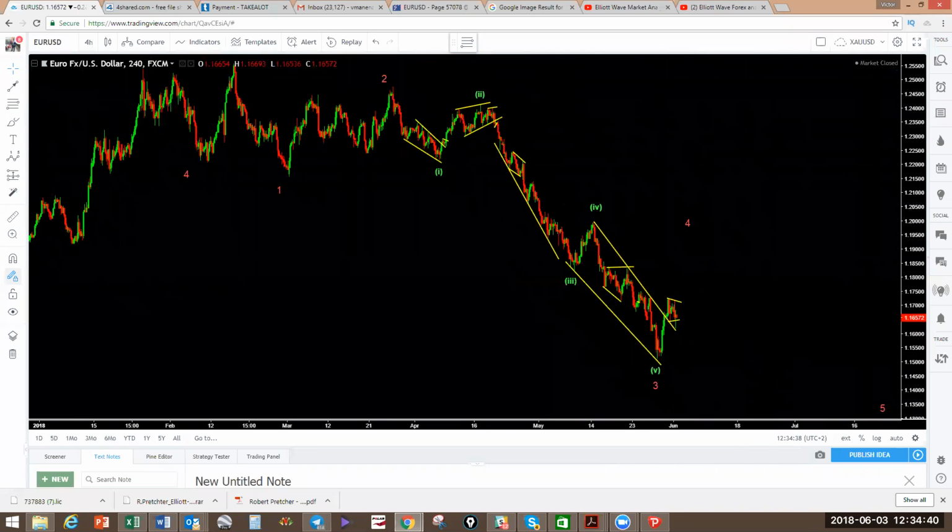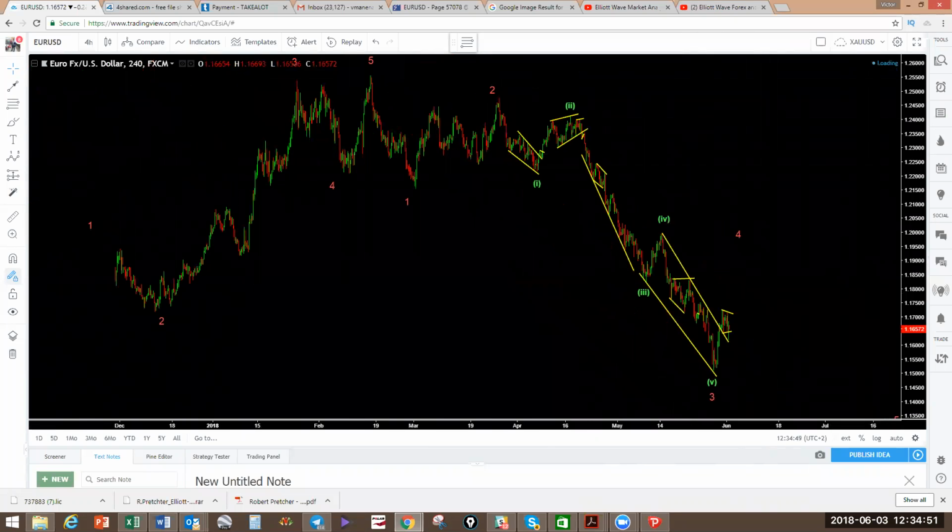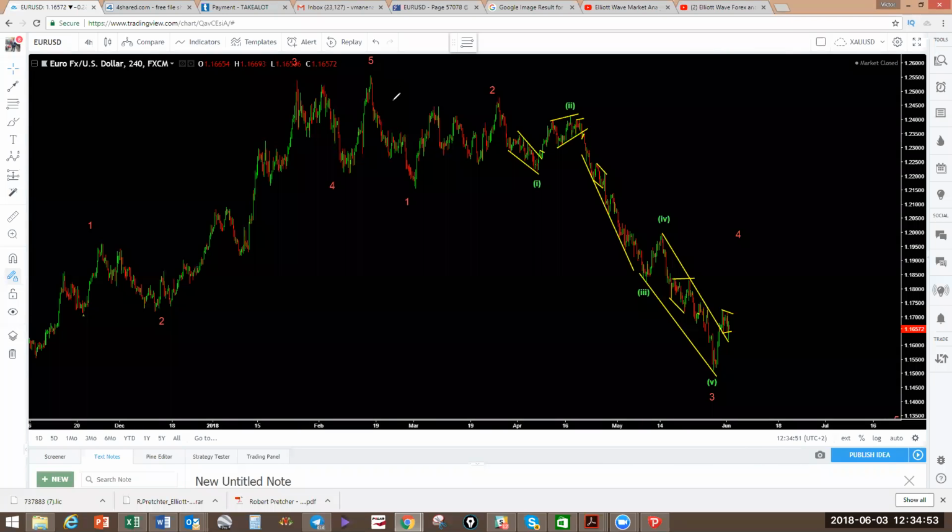Right, so Euro US dollar. We have been looking for this pattern here that has ended this wave 5 right at the top.